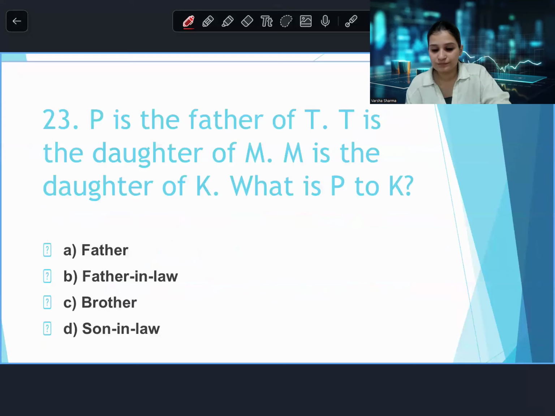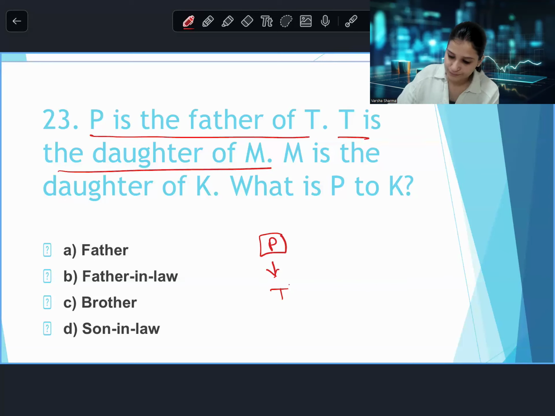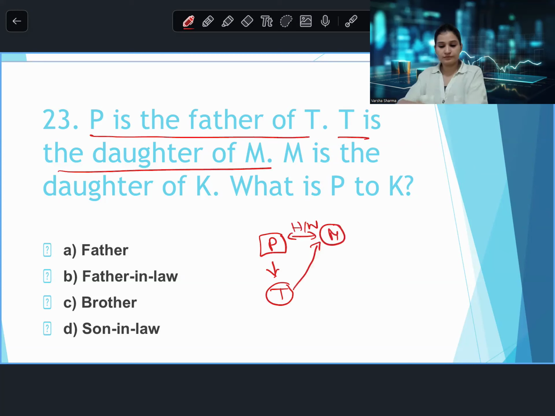23. Son-in-law. The father of T. T is the daughter of M. That means M is the wife and P is the husband. Is it clear?